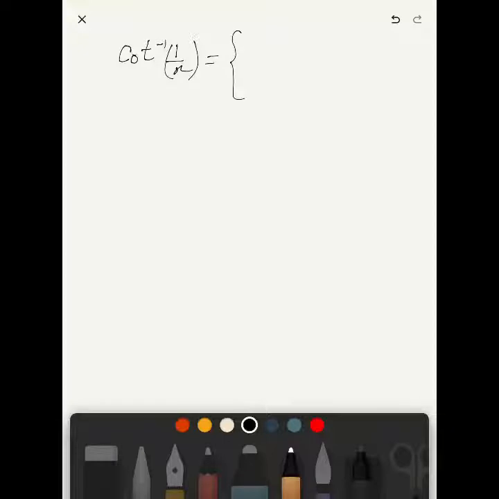I am converting it into tan inverse x, when x belongs to 0 to infinity. Look here, now this function will be alpha and this will be your beta.